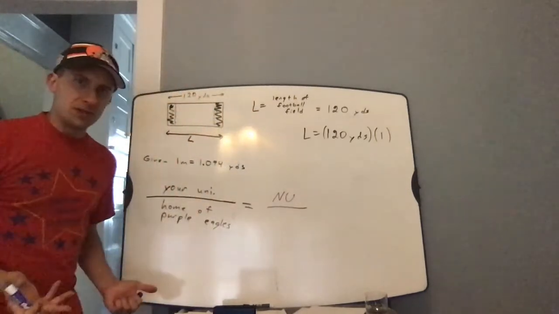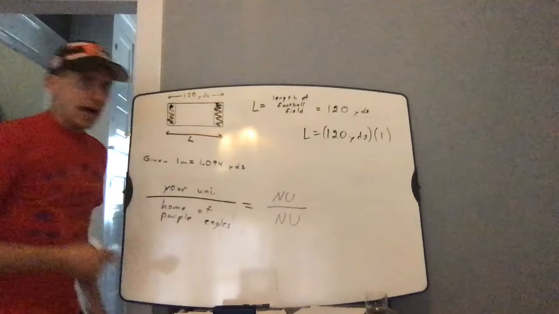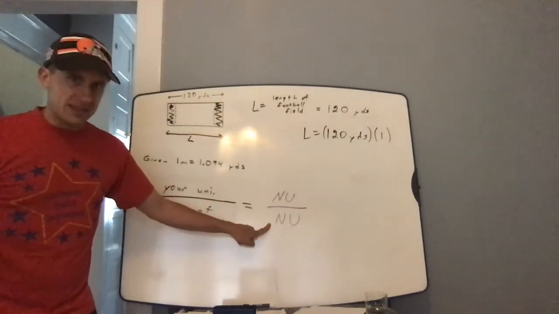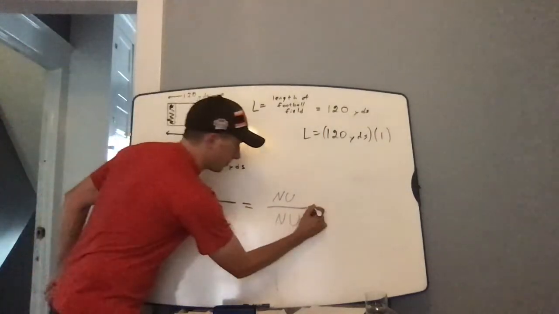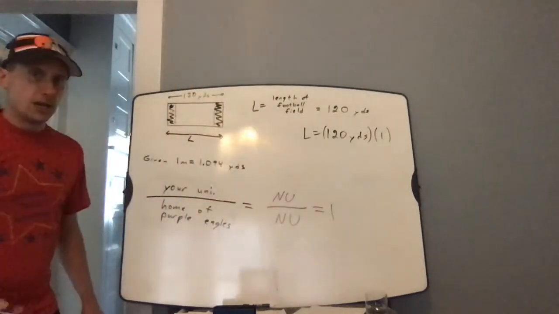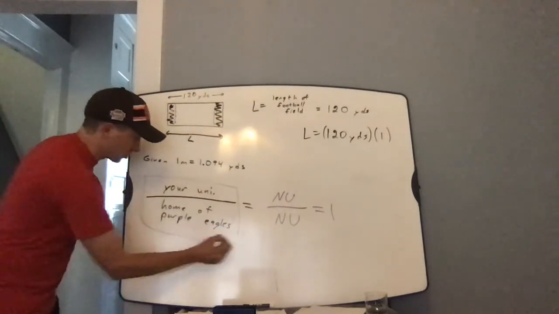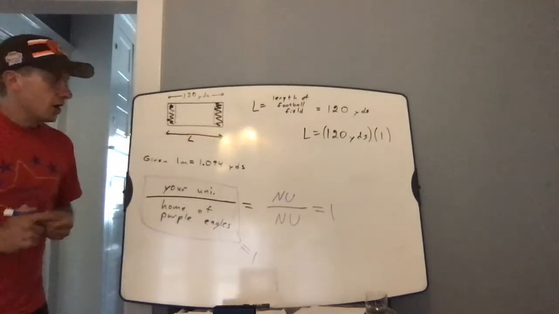The home of the Purple Eagles is Niagara University. And I am taking something and dividing it by itself. And we said before, anytime you divide something by itself, it is automatically equal to the number 1. So I wrote 1 in a very abstract way here, but this term is still equal to the number 1.